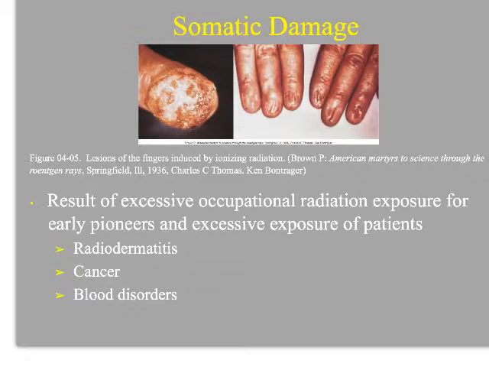I want to make sure that if you see a list of terms related to radiation exposure, you're able to parse out, okay, that's a deterministic effect and that's a stochastic effect. So radiodermatitis, deterministic, determined on the amount of dose. The cancer and blood disorders would be stochastic or random in nature.